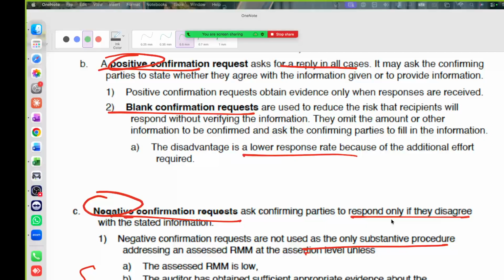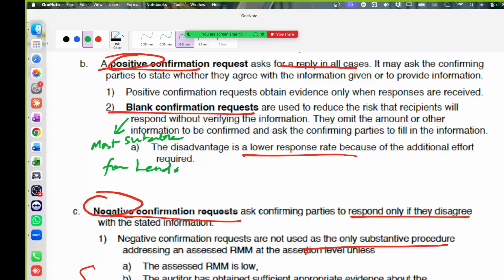Generally, if we go back to what we discussed yesterday, for bank confirmation, a blank confirmation request is most suitable, because there is a necessity of reconciliation.